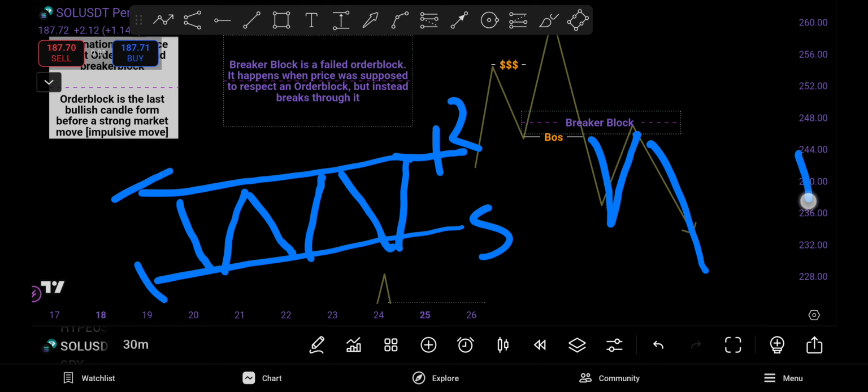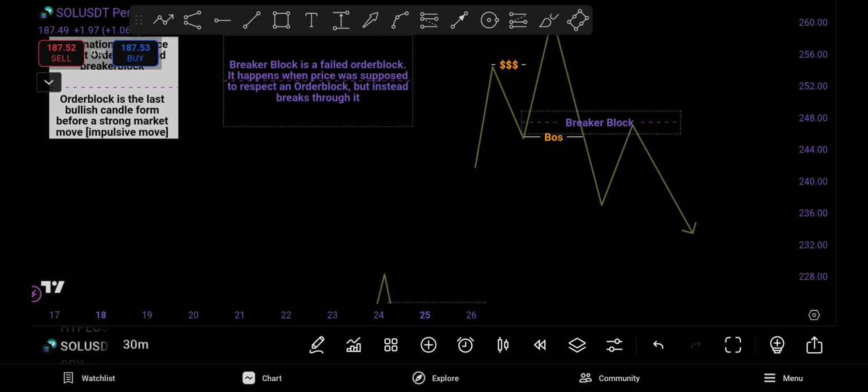But now let me say suddenly the price broke the support. We all know that when the price breaks the support, the price is going more down. So what we are expecting is the price to retest back to the support area, then continue the downward direction. That's what is happening over here.